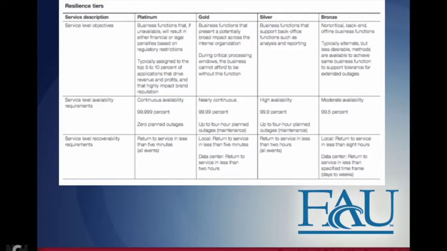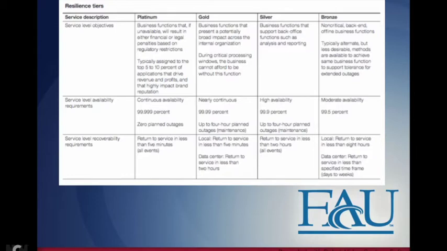The gold level is business functions that present a potentially broad impact across the internal organization. During critical processing windows, the business cannot afford to be without this function, and this is nearly continuous, 99.99% of the time.